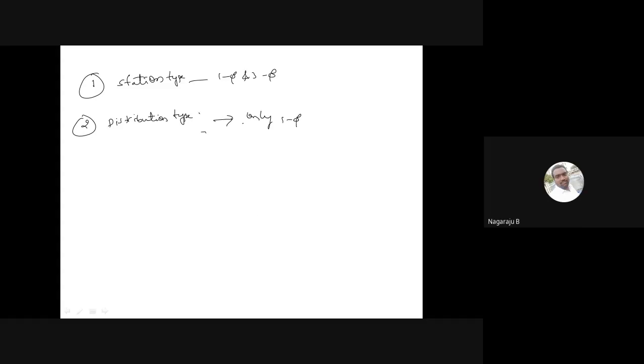Only single phase, and used for pole mounted on overhead primary feeder.